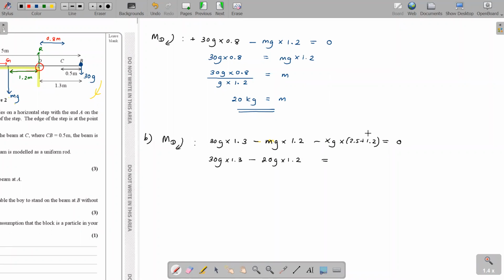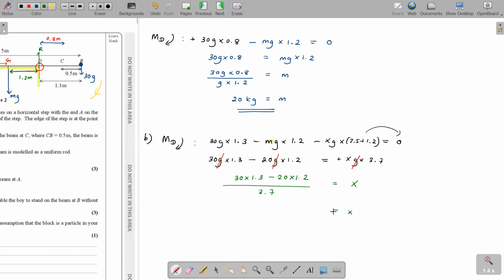Minus xg goes to the other side as plus xg into 2.5 plus 1.2, which is 3.7. Am I correct? g is common to everyone, we can remove it. So at 30 into 1.3, we have to subtract 20 into 1.2, and the whole thing divided by 3.7 should give me the x value.